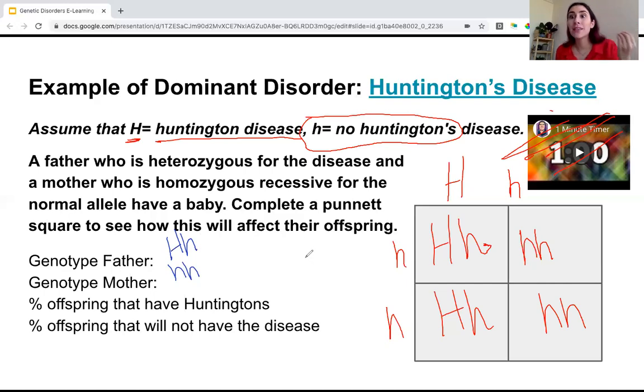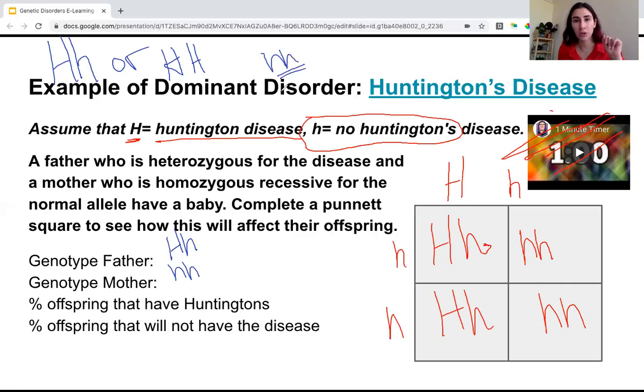What percentage of offspring will have Huntington's? Keep in mind, this is a dominant disease, meaning that you get it if you have one copy of the dominant allele. So whether you have this genotype or this genotype, you will get Huntington's because it's a dominant disease. The only scenario where you will not have the disease is if you're homozygous recessive.